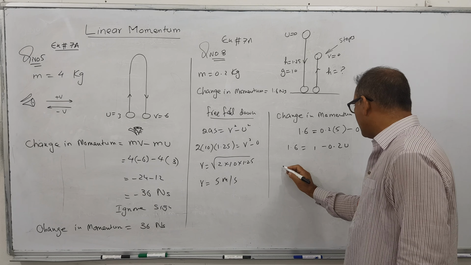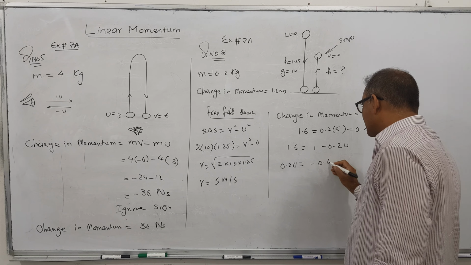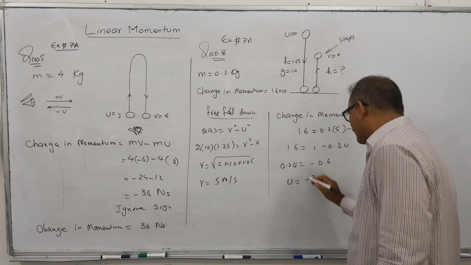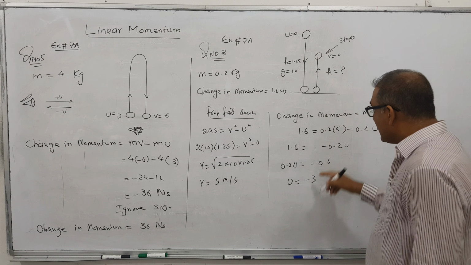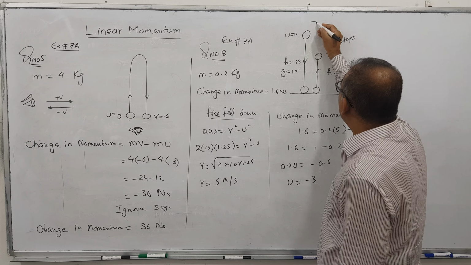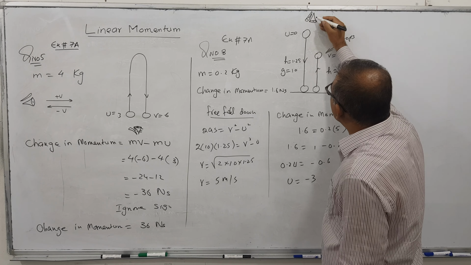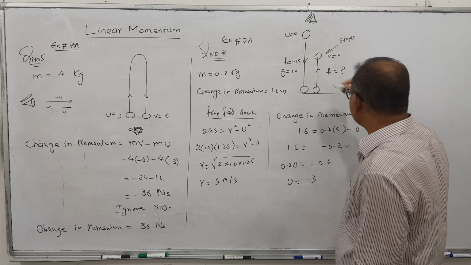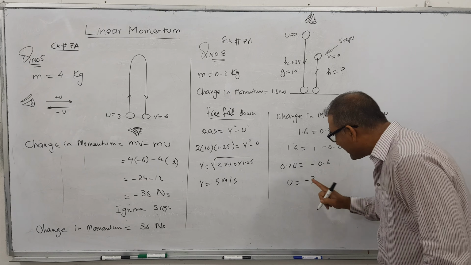This goes there. 0.2 u comes negative 0.6 and u becomes negative 3. And negative 3 is the speed here. Negative is because my eye is here; the observer is this one. So going this way, I took positive, coming backward, negative. That is why you got negative.